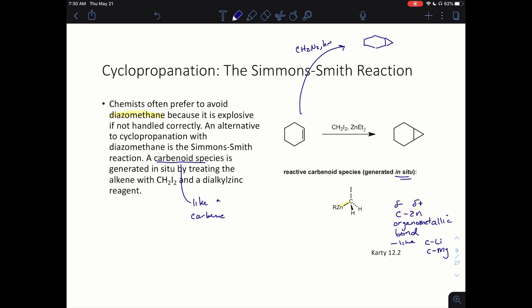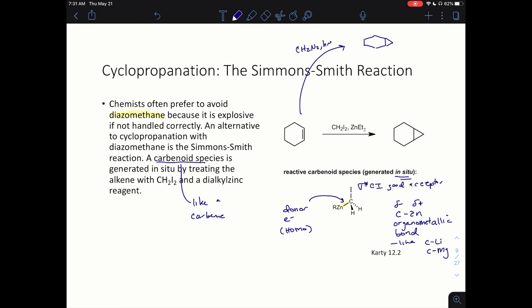But still, the carbon is electron rich. So the electrons in the carbon-metal bond are the donor electrons. And sigma star C-I, just like we saw in SN2 reactions, is empty, so it can accept electrons.